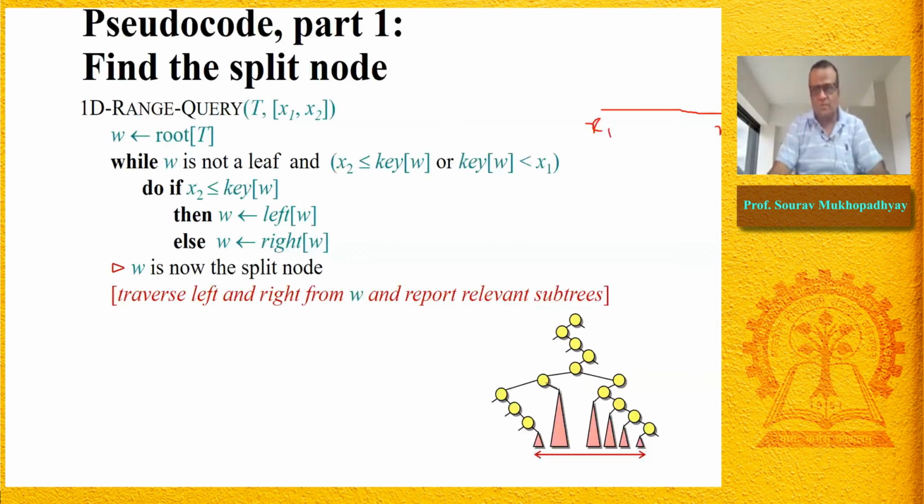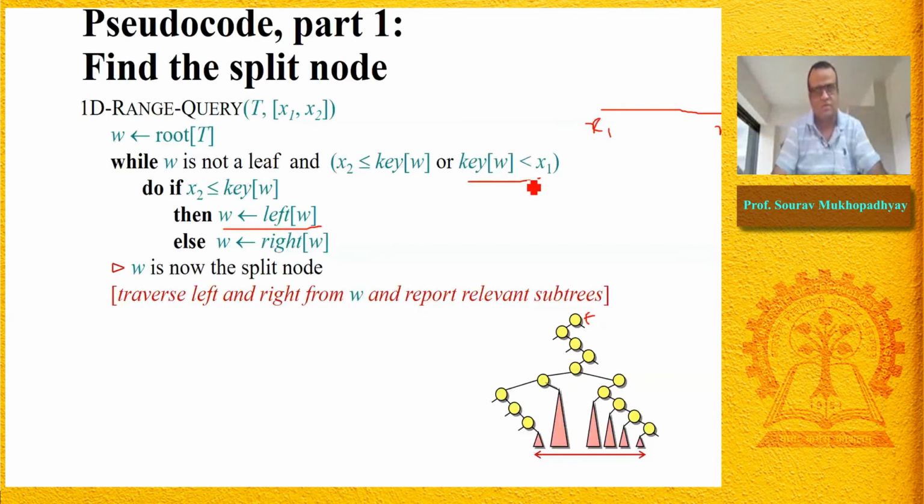Now if x2 is less than the key of w, that means there will be nobody in the right part, so we have to go to the left part. So we do the left traversal. Else, we have to go to the right part, because in that case this interval is completely in the right part.